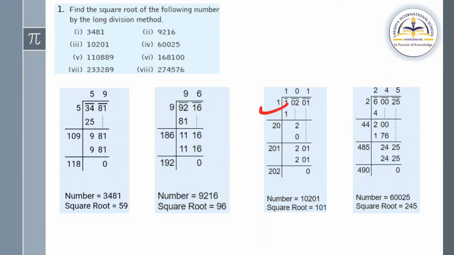Here the next pair will be 02. Now same here, we have to take 0 over here, then after 0 there will be 201, and when you take a new pair you will get 201. So you will get your answer.